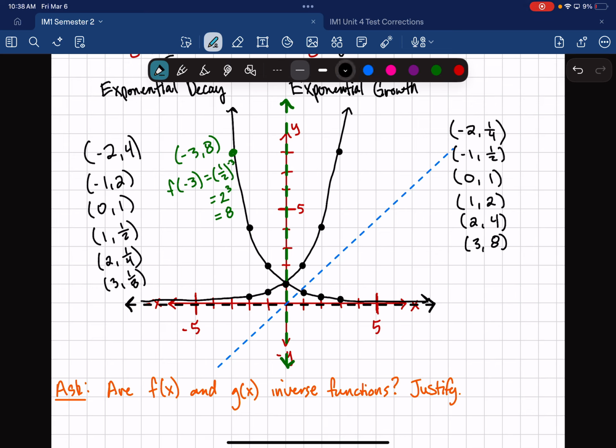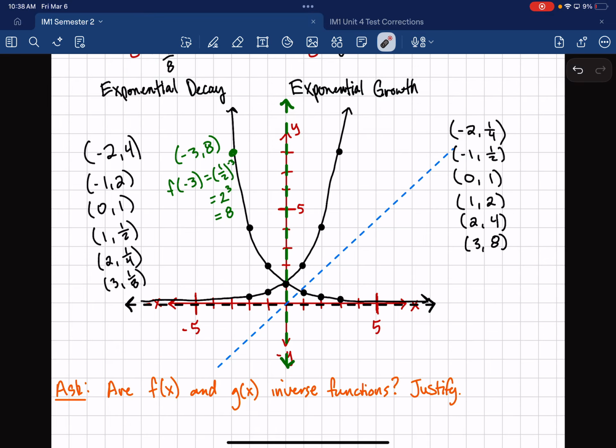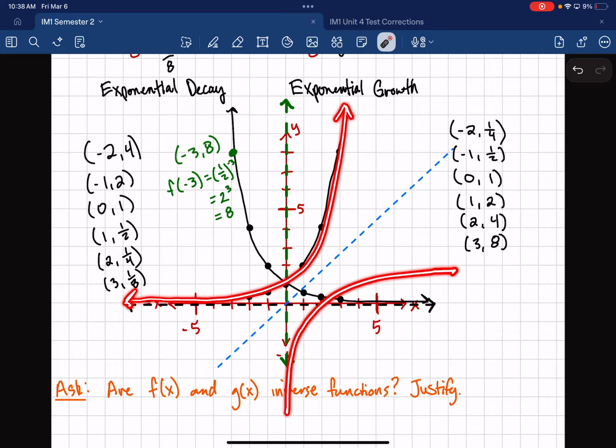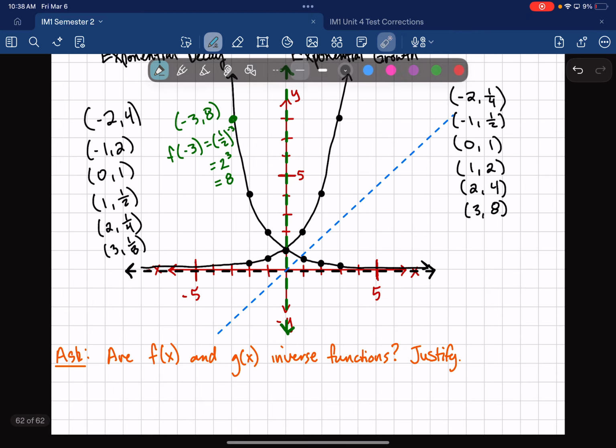The line of symmetry. But the line of symmetry is not what they need to reflect across. If this was an inverse function, your inverse would look like this. So graphically we can say not inverses, but how do I mathematically show it?